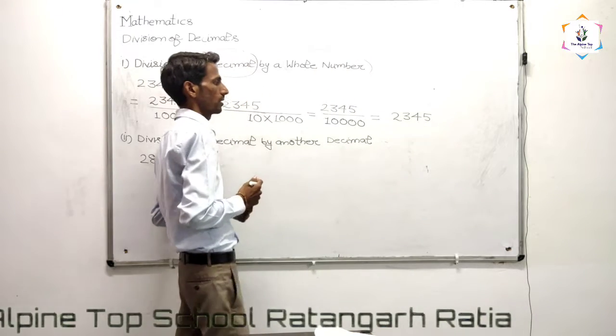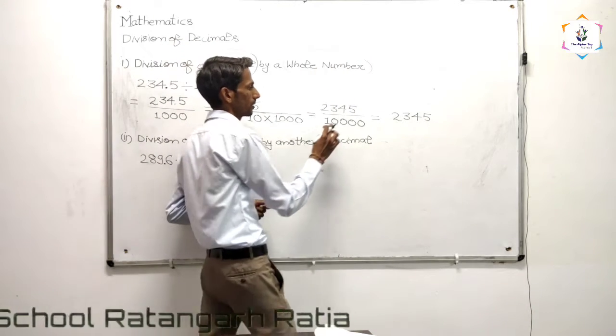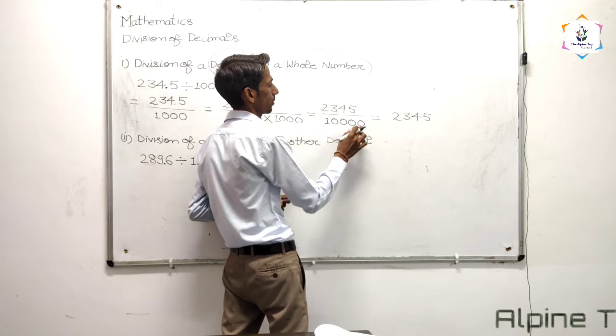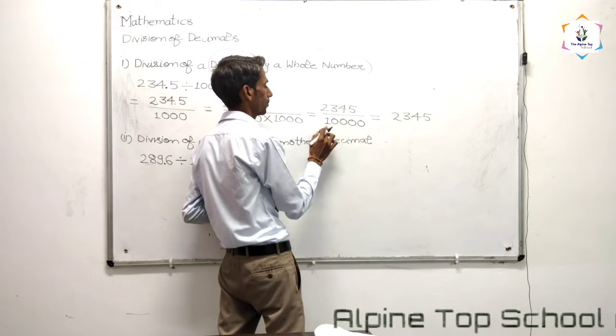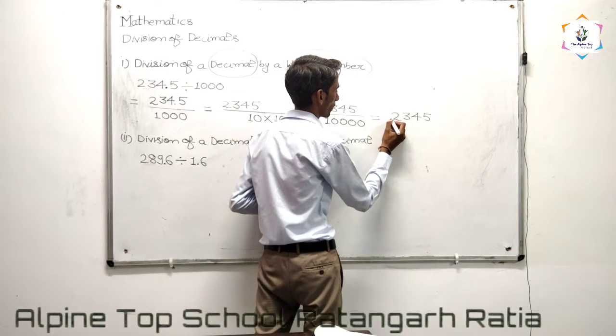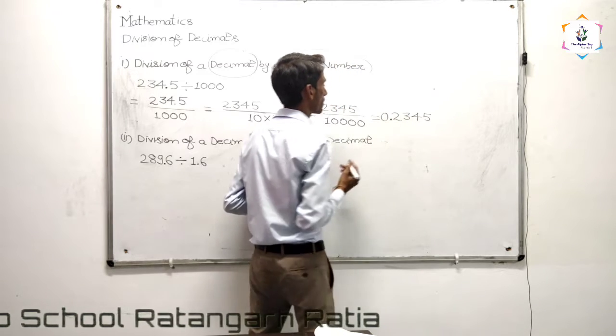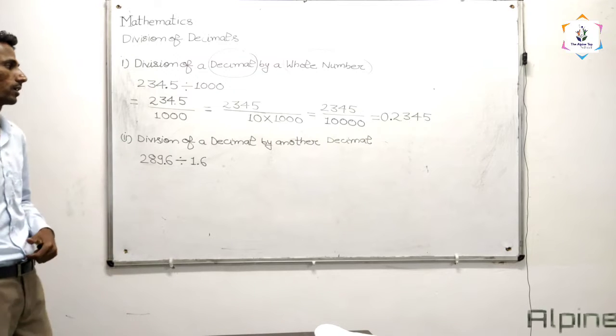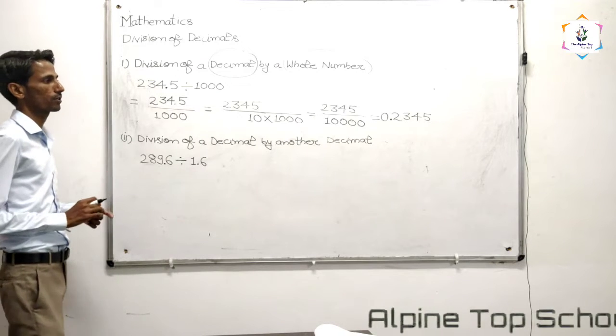From the back side, start the counting and put the decimal point at the 5th place: 1 2 3 4 5. So our answer is 0.2345. Dear students, I hope you have cleared the first concept.